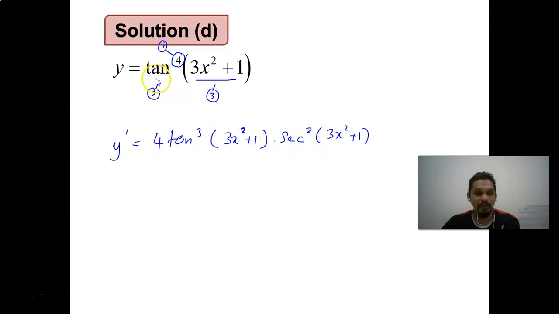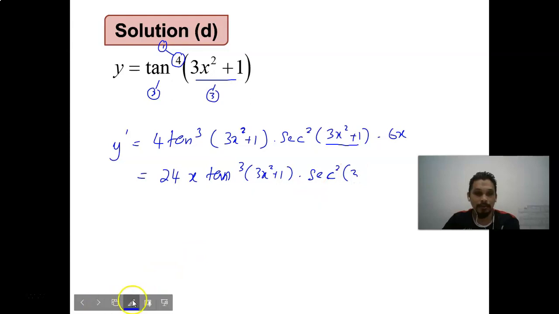Derive tangent, secant squared, and differentiate 3x squared plus 1. Differentiate 3x squared equal to 6x. 6x times 4, 24x, then tangent cube of 3x squared plus 1, then secant squared of 3x squared plus 1.